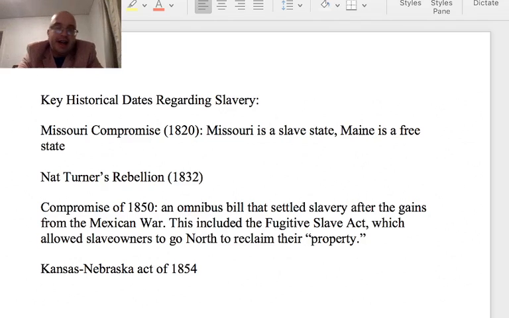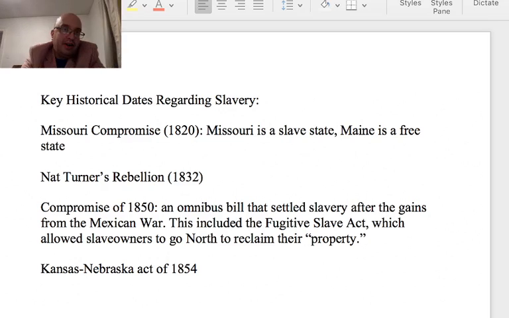But the South kind of gained an upper hand in the Compromise of 1850 because they got something passed in it called the Fugitive Slave Act, which allowed slave owners to go north to reclaim their property, right?